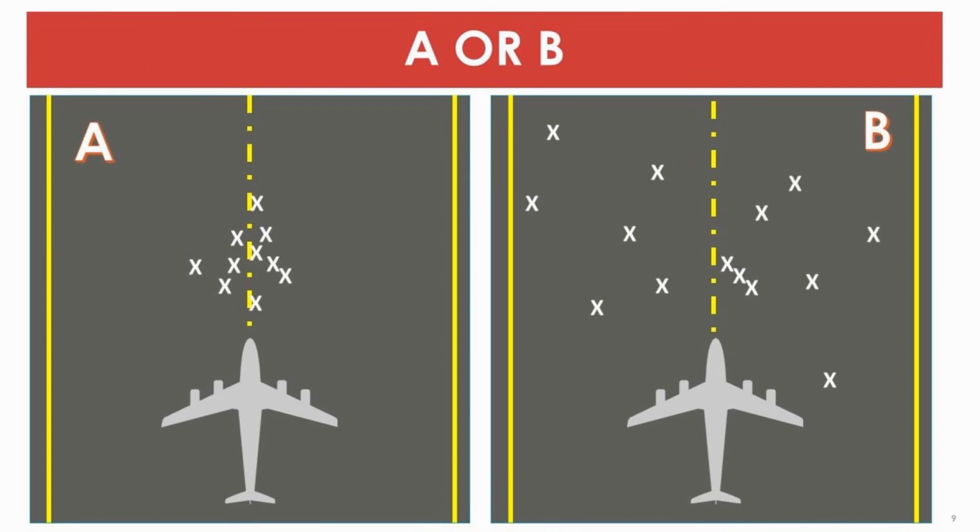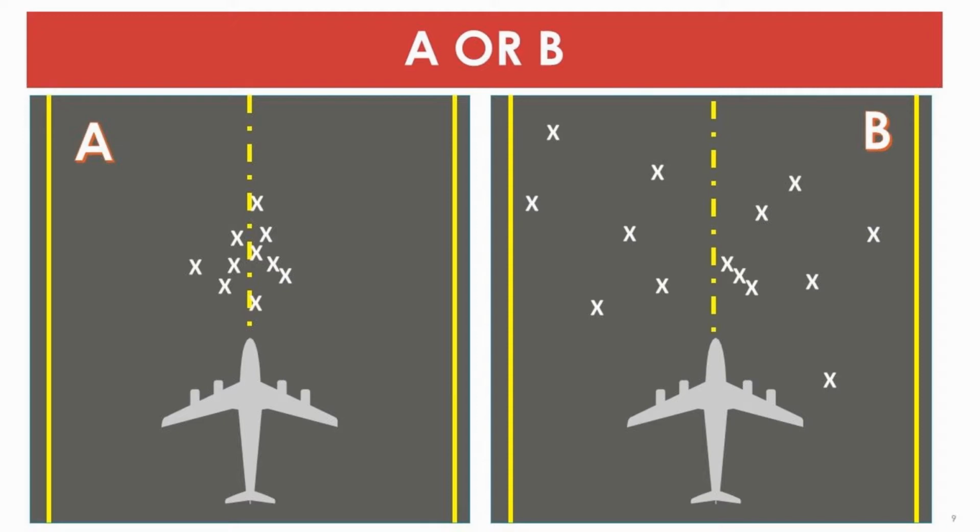Let's do this comparison: Pilot A versus pilot B. If you were able to see the landing points of each pilot, and you had the opportunity to choose which pilot you're going to travel with, who would you select? Of course, pilot A. Why?